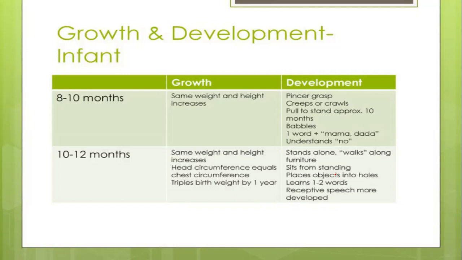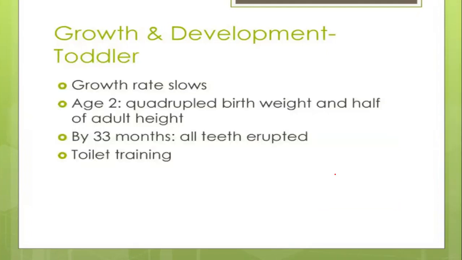Like this baby is standing and can sit all by himself or by herself. Places objects into holes and learns 1 to 2 words, and receptive speech is more developed. So there is a growth rate that slows at the age of 2, quadrupled the birth weight and half of adult height. By 33 months, all teeth have erupted and has already some toilet training.